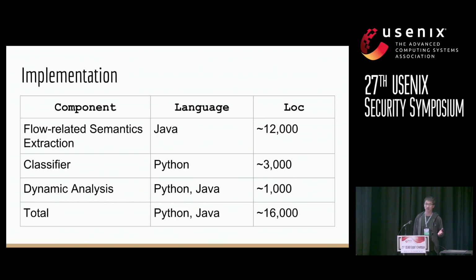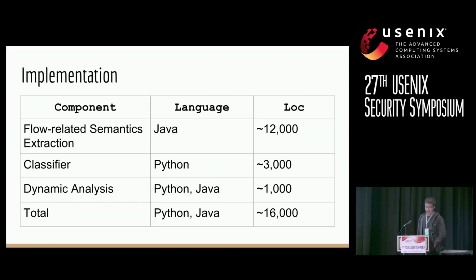We recently noticed that the FlowJoy framework has evolved to version 2, and that works much more efficiently than existing ones. So we are actively migrating to that version. And the classifier is written in Python in about 3,000 lines of code.